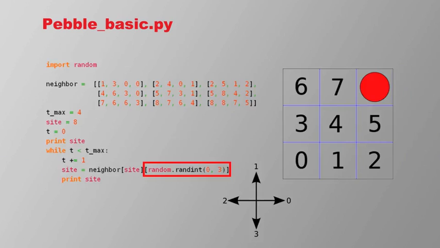The function randint of 0 and 3 samples random numbers 0, 1, 2, and 3 with equal probability. If we choose 0, we'll try to move to the right, but this move is rejected. If we have randint equal to 1, we'll move up, but again this move will be rejected. If randint equals 2, we'll move to the left, and if it is equal to 3, we'll move down.